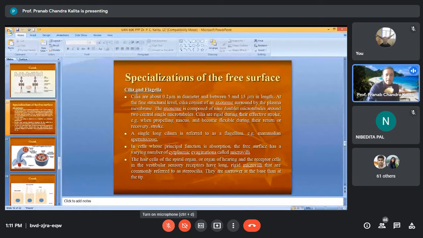Now first see what is the cilia. Cilia is about 0.2 micrometer in diameter, and between 5 to 15 micrometer in length. If you see on the electron microscope, you will find that cilia consists of an axoneme surrounded by plasma membrane.